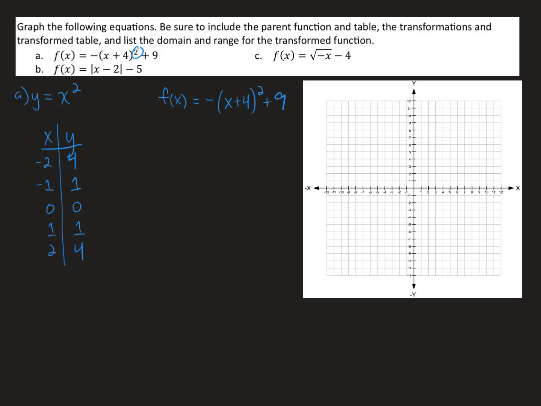In fact, it's going to move it in an opposite manner. So this will go left 4. The +9 out back will move the graph vertically, but in a normal direction. So if you add normally, that makes things bigger or shifting up. And then lastly, with this negative, this is a vertical reflection.